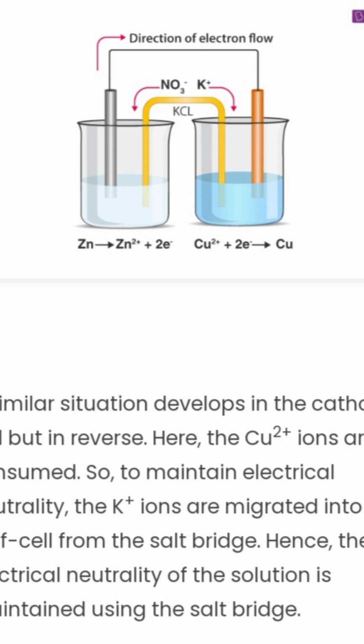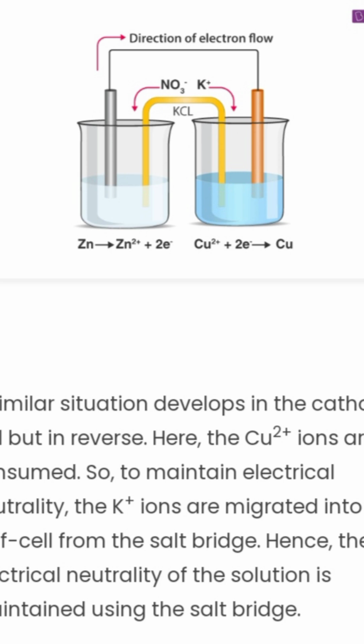The third one is the working of a salt bridge. The oxidation that occurs at the anode generates electrons and positive ions. The electrons flow through the wire, leaving an unbalanced positive charge in the beaker. In order to maintain electrical neutrality, negatively charged ions move toward the positively charged beaker.